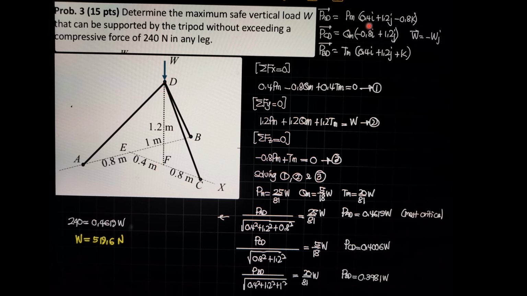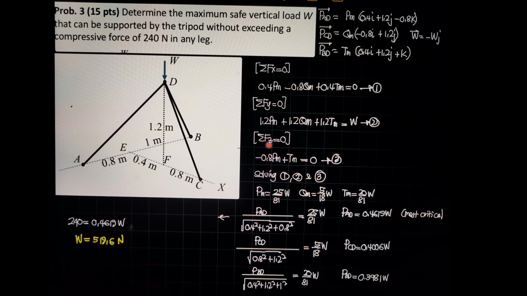The y component of AD is 1.2 Pm, plus y component of CD, which is 1.2 Qm, plus y component of BD, which is 1.2 Tm, plus negative W, equals 0, or equals positive W. Call that equation 2.